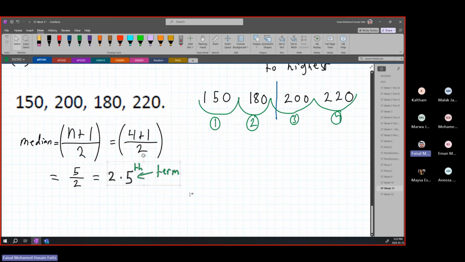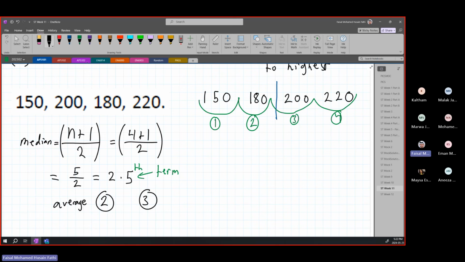So we need to go to our 2.5th term. In this case, when we are not getting a whole number, when we get a decimal point, we go to the number before 2.5, which is 2, and we go to the number that is after it, and then we take the average of these two numbers. All right. So this is what you do when you have a decimal point.